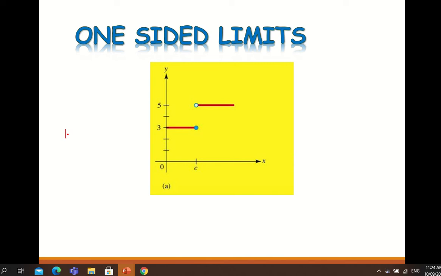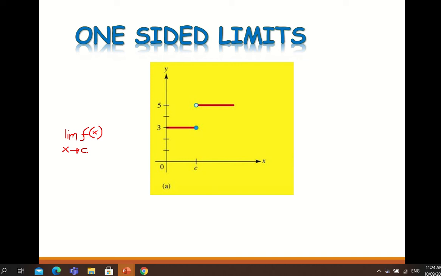As discussed last time, the limit depends on where the value is coming from. Let's see whether the limit of the function as x approaches c exists or doesn't exist.